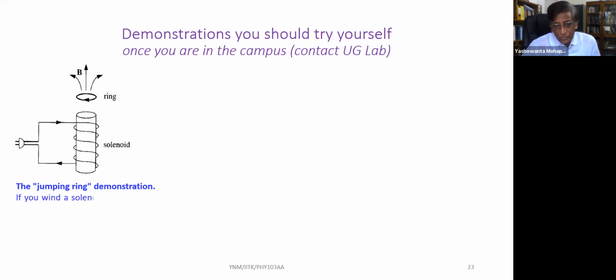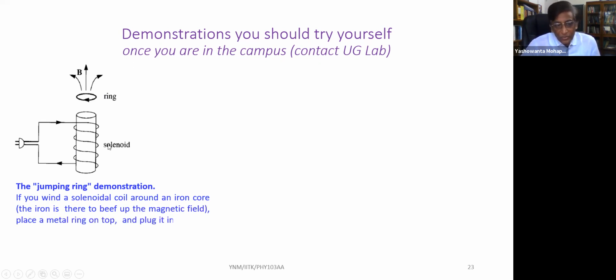If you wind a solenoid coil around an iron core, the iron core is there to beef up the magnetic field. Now you know how the magnetic field magnetizes the iron, and that's how it increases the magnetic field inside. And place a metal ring on top and plug the thing in, it will jump several feet in the air. Why?